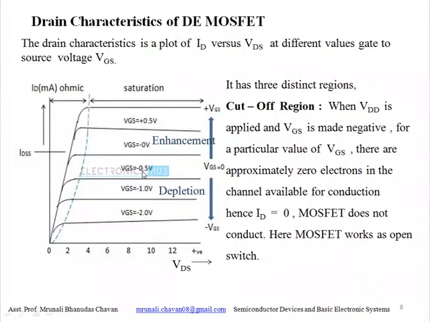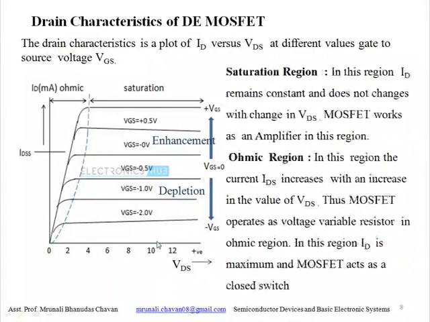So if we apply minus 0.5 volt, minus 1.0 volt, likewise more negative voltage, then at a particular value of VGS, the ID becomes 0, and as the drain current is 0, the MOSFET does not conduct, and hence this MOSFET acts as an open switch in the cutoff region.